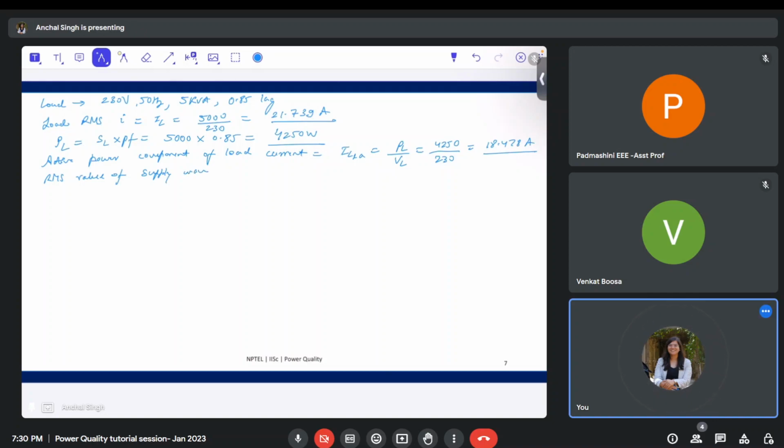RMS value of supply wave can be calculated as Vs into under root 2 by 3, right? We have already seen the calculation of this. And Vs is given in the question as 230, sorry, it will be Vs by under root 2 by 3. So we are calculating the amplitude of the quasi-square wave.